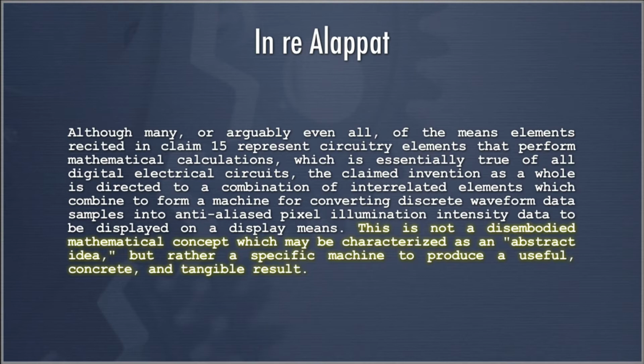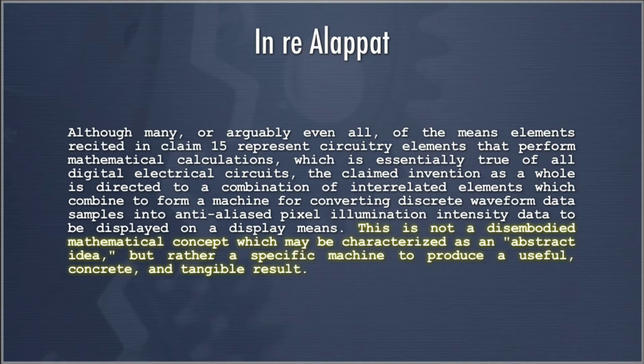Right? Now, part of this issue was Alappat was claimed in means plus function format, or 112F format, right? Which means that as a matter of claim construction, there was an actual machine, here the oscilloscope, right, the entire apparatus, was disclosed and was therefore part of the claim.